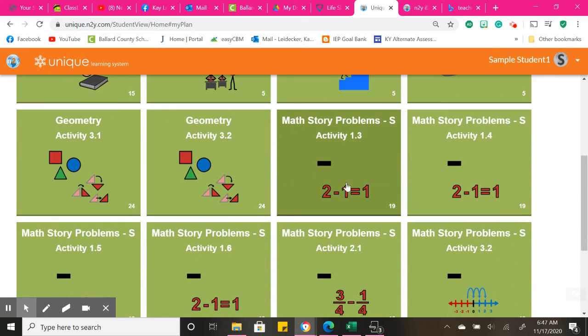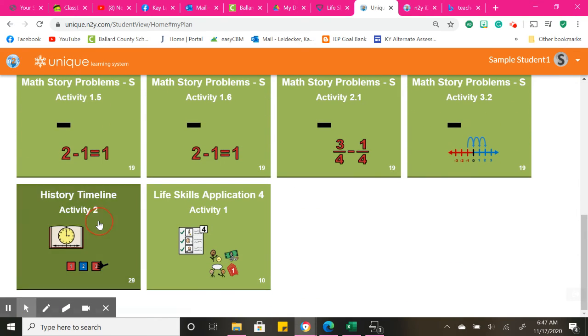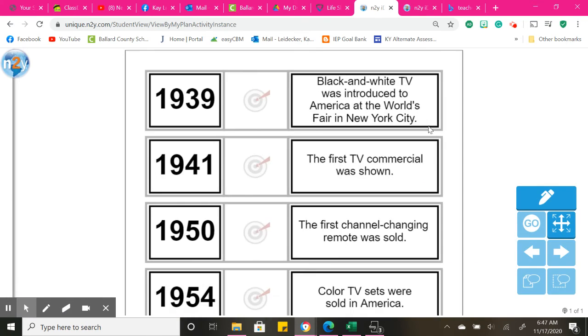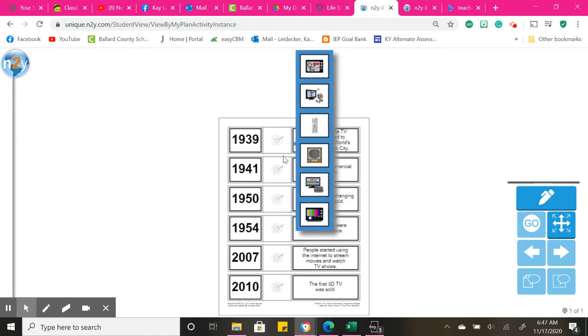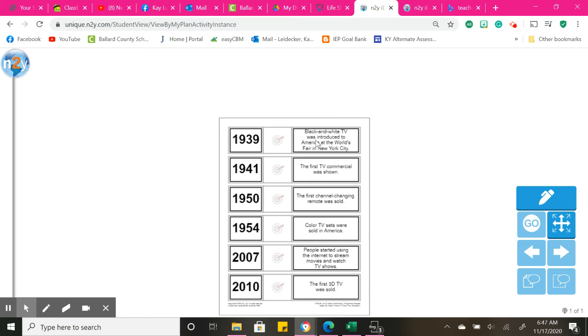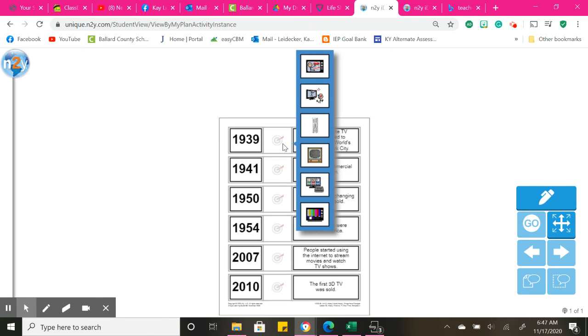Okay, then for social studies, a history timeline, you're placing these numbers from least to greatest, which is how I think of it. Hold on. Black and white TV was introduced to America at the World's Fair in New York City. So we are looking for black and white TV.